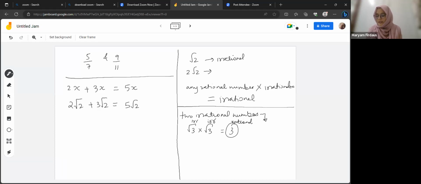Then let's take an example when you multiply an irrational number with another irrational number, but this time the answer is irrational. Can someone give me an example of this, when you multiply two irrational numbers, but their product is also irrational?